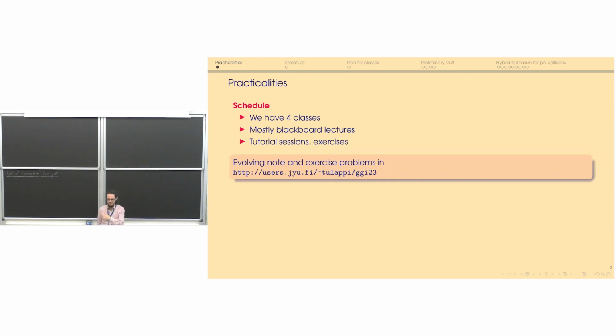But we're not going to get to the complicated part. So we'll discuss what is known as the hybrid formalism for proton-nucleus collisions. That's the topic of today, the hybrid formalism.